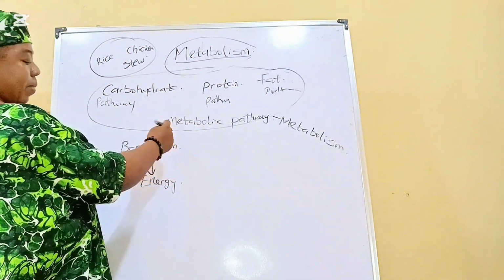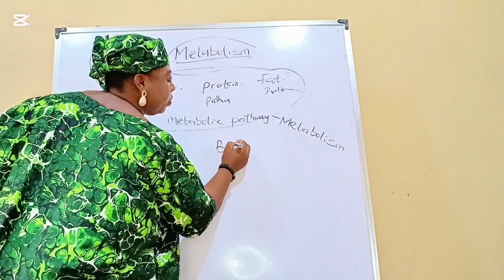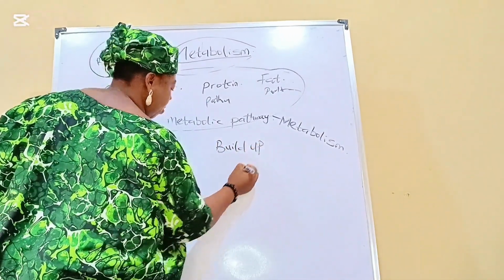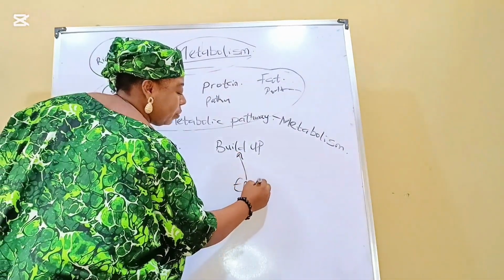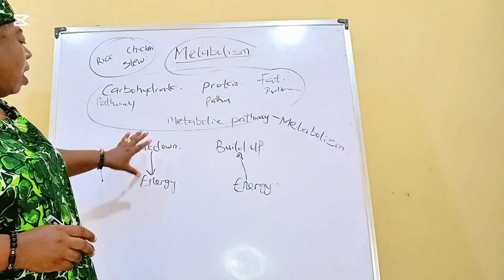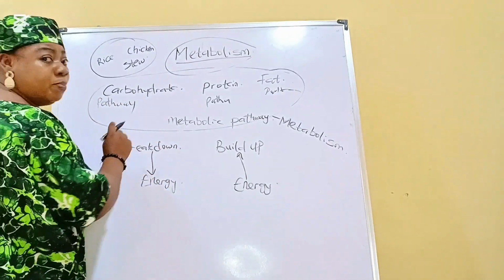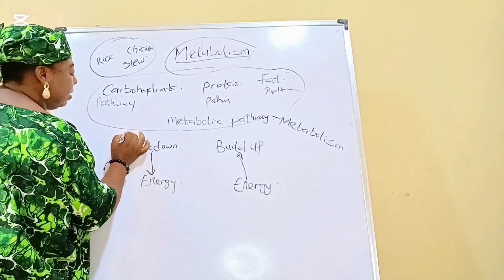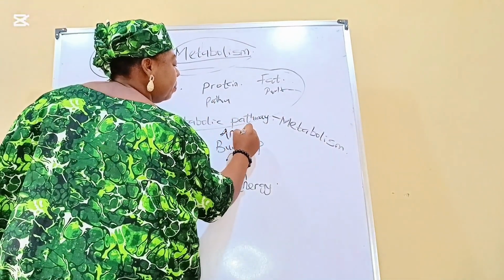It could be breaking down to give you energy, or building up, which makes use of energy. The breakdown is known as catabolism, while the build up is anabolism.